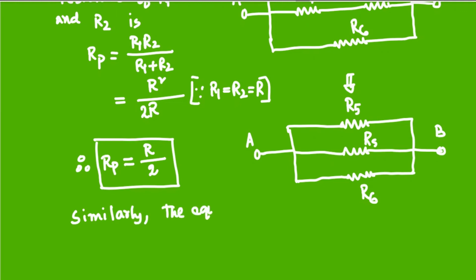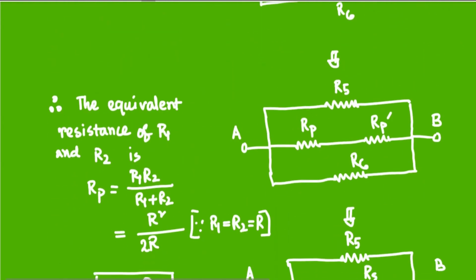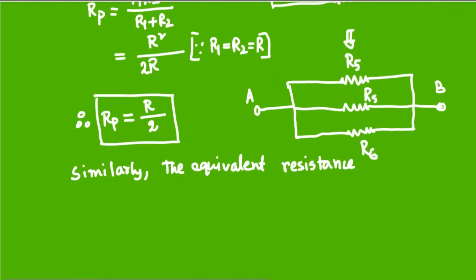Similarly, the equivalent resistance of the parallel combination of the two resistances R3 and R4 is Rp prime.